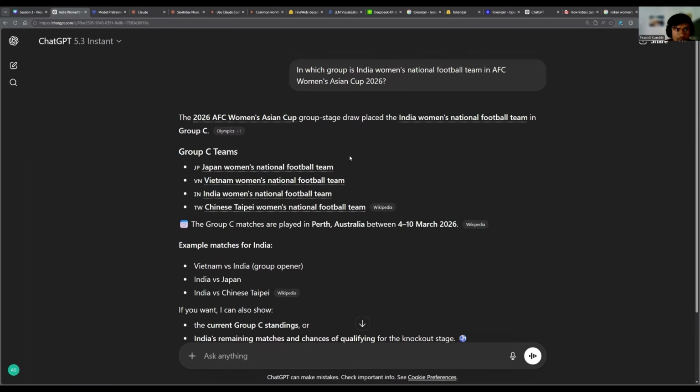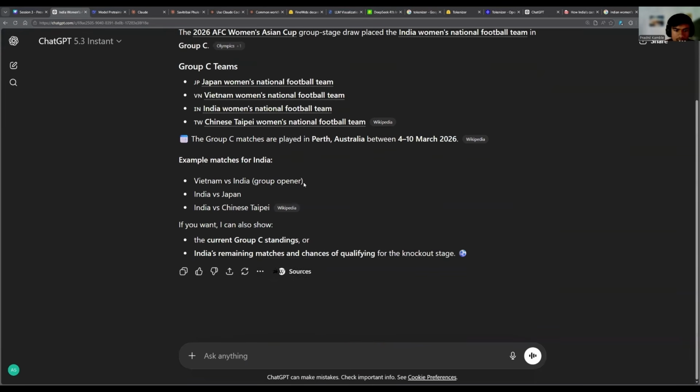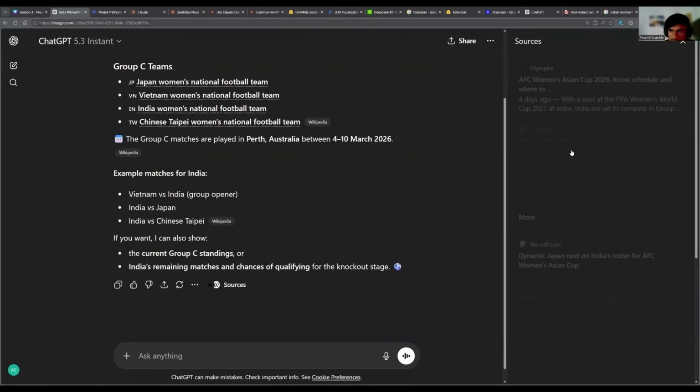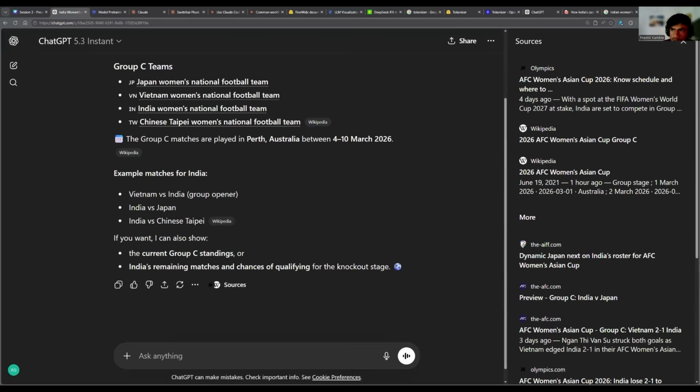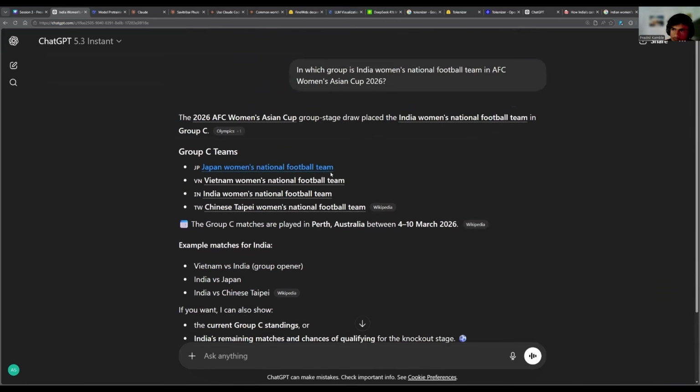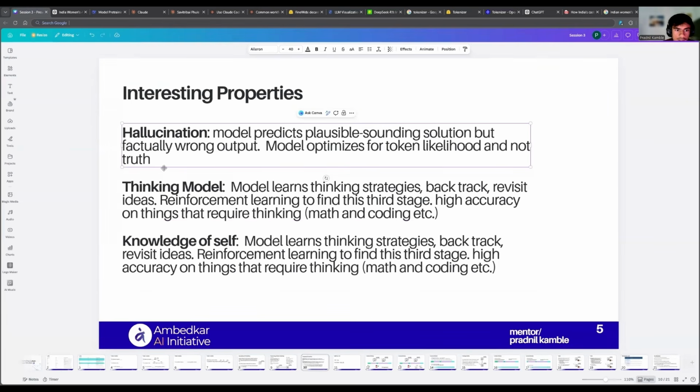Because in the previous prompt, we asked it when it was pre-trained, and we know that it was trained last year. But now suddenly it was able to give us an answer from this year. So it really means that here it also shows the sources. So ChatGPT can directly use this particular function, which is basically searching on the web.